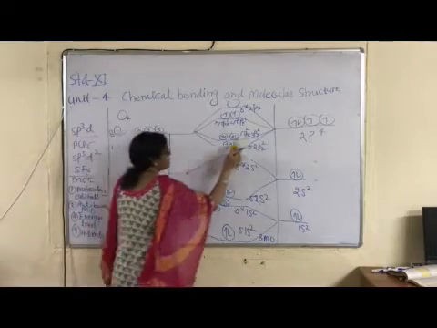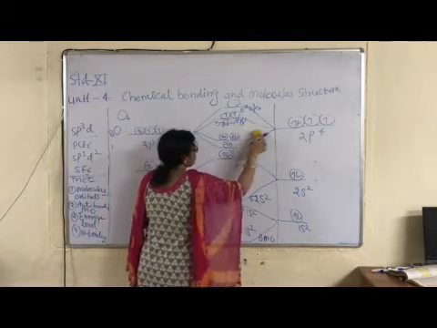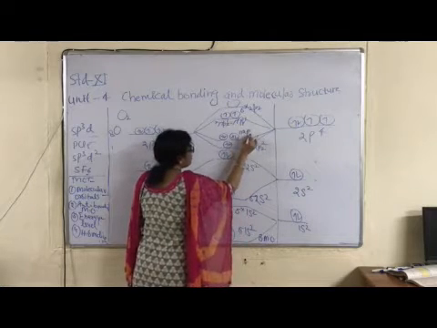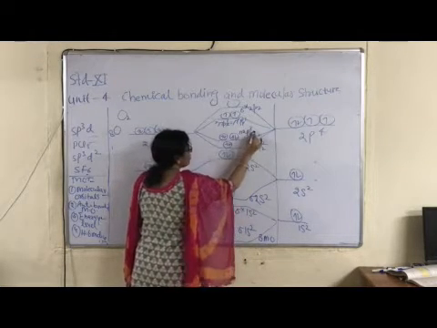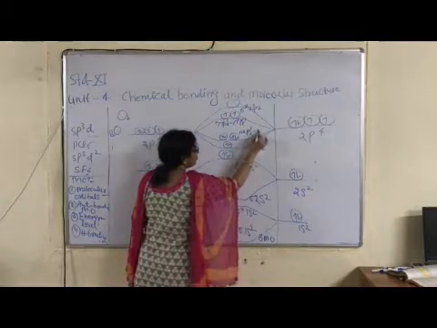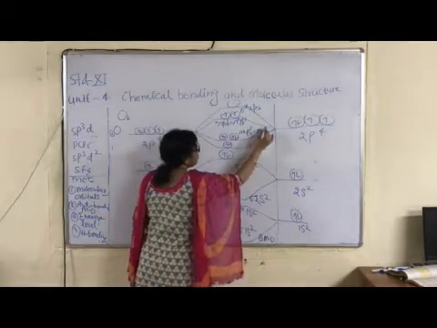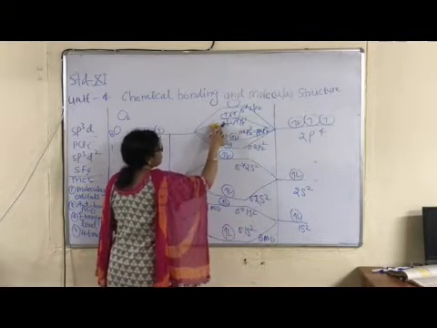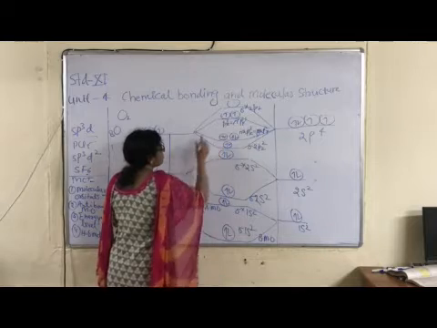Pi 2px is equal to pi 2py, this level is the same, the first bond pi 2p. Right, this one also. Yes, the principal quantum number is missing.